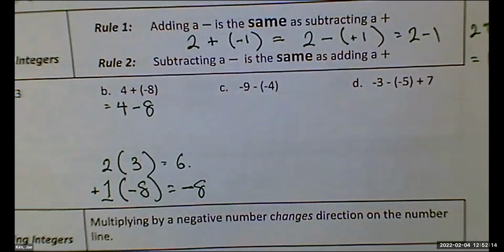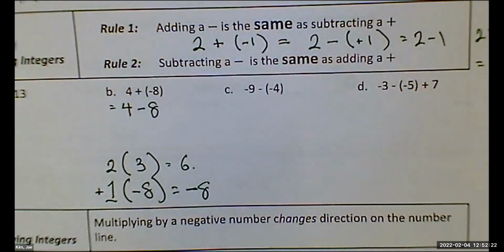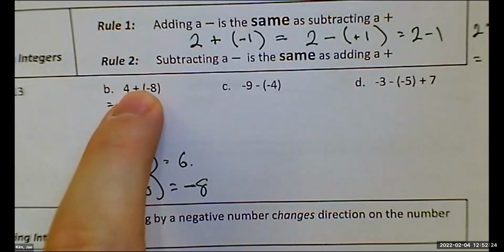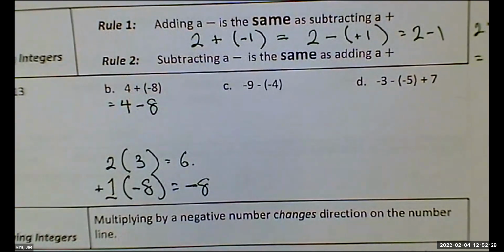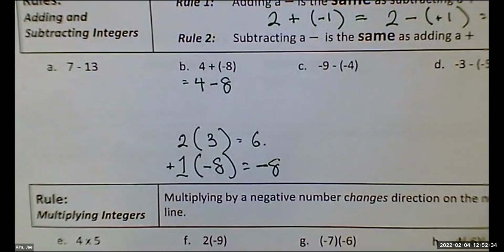What makes sense to you? Use that. If you just want to say, okay, I'm just going to memorize these rules and go with it, do it. If the idea that the plus actually is a +1 and you just have to multiply works, do that too. Whatever makes sense to you. Okay?